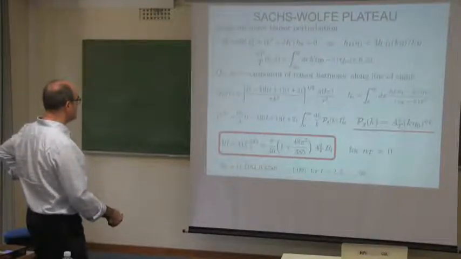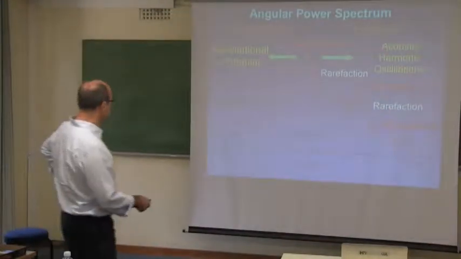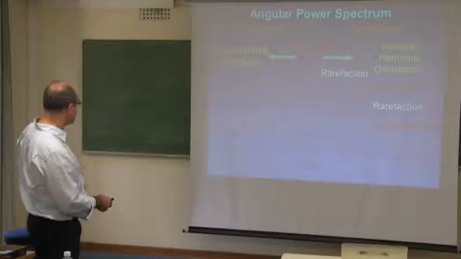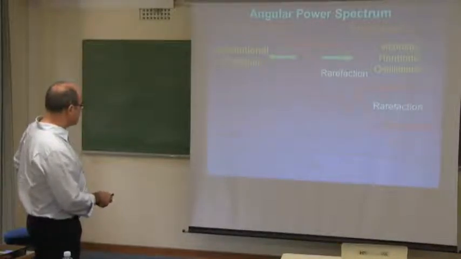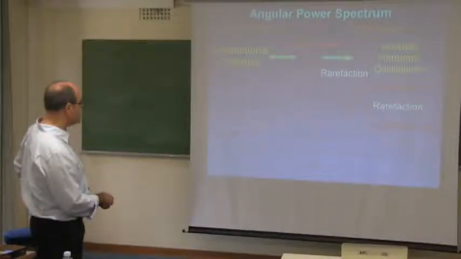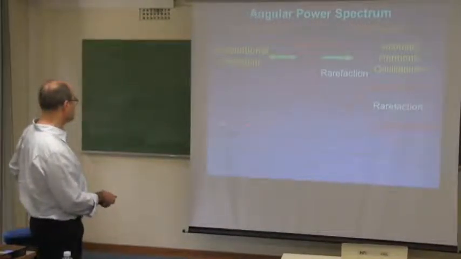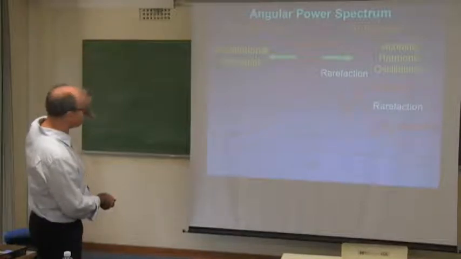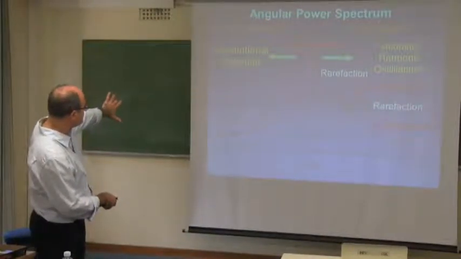So let me go back then. If we then plot, sorry, it's not very bright here, if you plot C_L L(L+1), here you would get the Sachs-Wolfe plateau. If you had no lambda contribution, this tiny increase towards smaller L's corresponds to modes that are now entering the horizon.